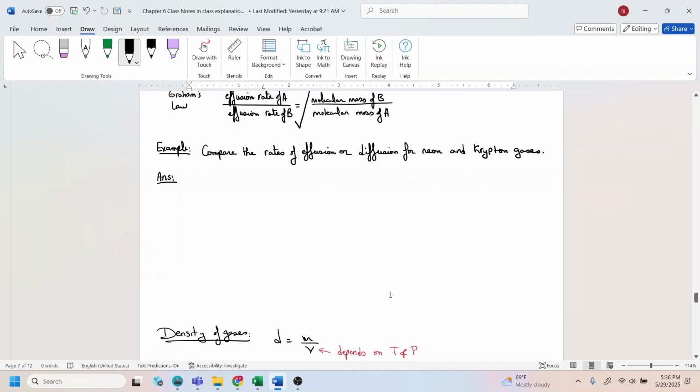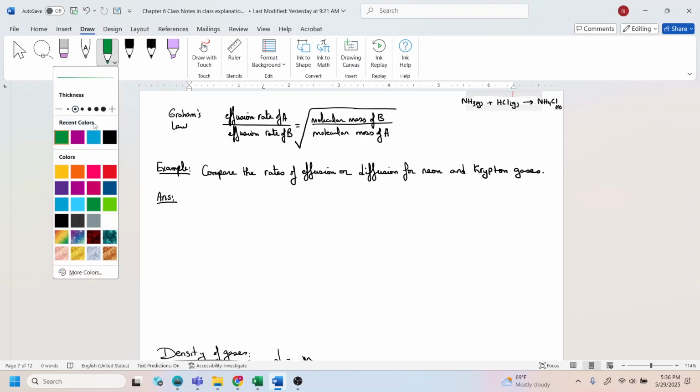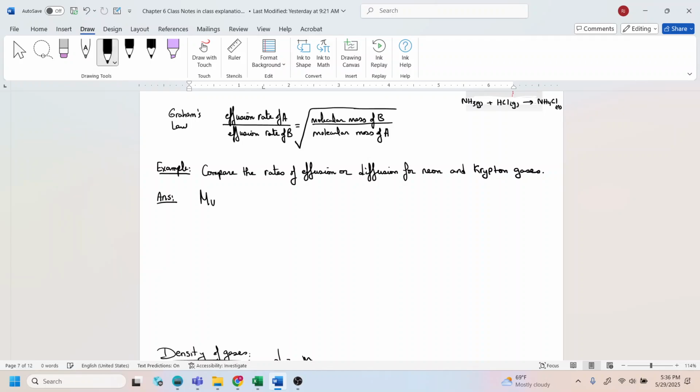It says calculate or compare the rates of effusion or diffusion for neon and krypton gases. Since I need the molecular weights, I'm going to go to the periodic table and check the molecular weights of krypton and neon.